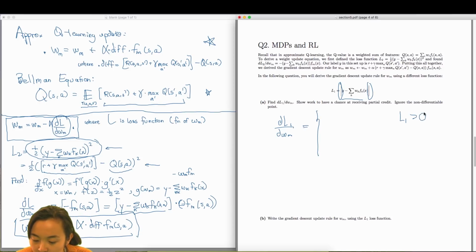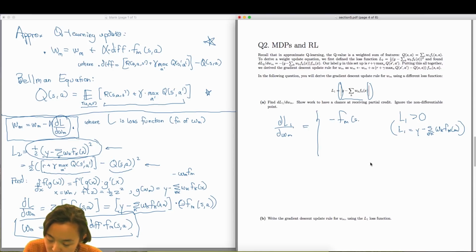When L1 is positive, then L1 is just equal to, you can just remove the absolute value bars, and then you get the expression, and then the derivative of this expression with respect to the mth weight is just going to be negative f of m x, by the same reasoning as we talked about earlier here.